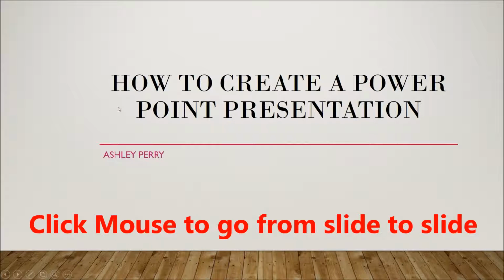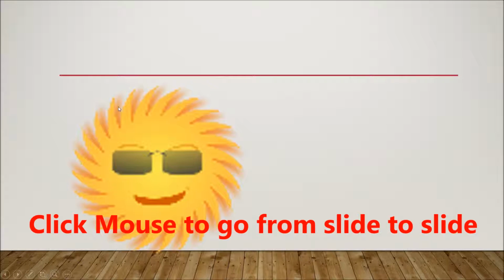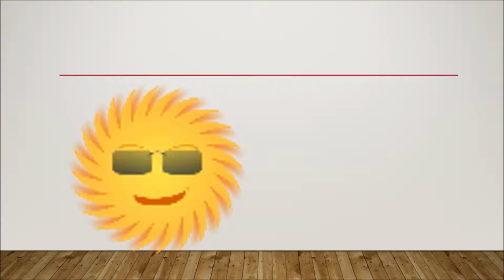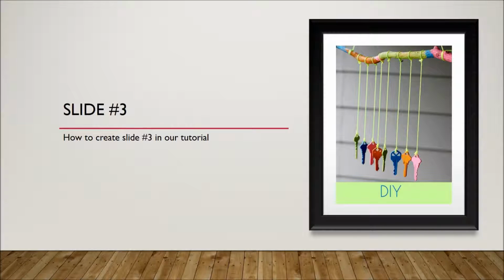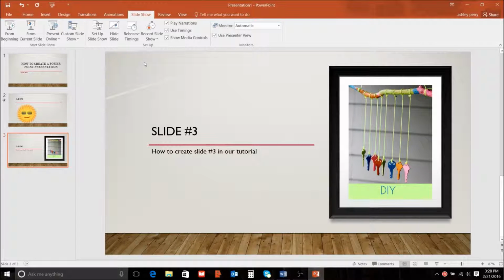To go from slide to slide, you would just click, and then click again. And then there's that slide number 2 that comes up, and then here's our slide number 3. All you have to do is hit exit to get out of there.